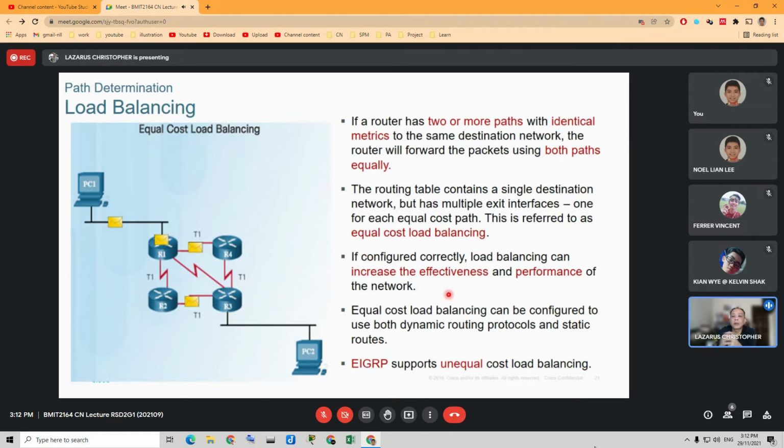If configured correctly, if you have an alternate path, the traffic will be shared, so your network becomes more efficient and less laggy. Imagine going to campus with only one road, say from the Penampang area to Musra. That one road will be congested.